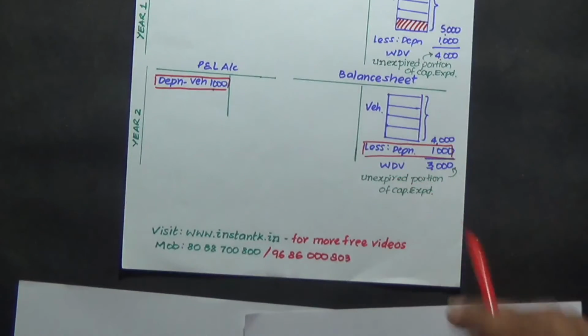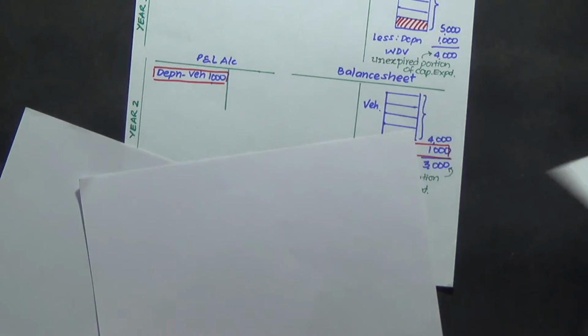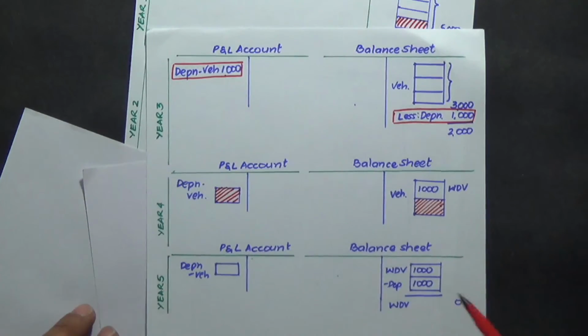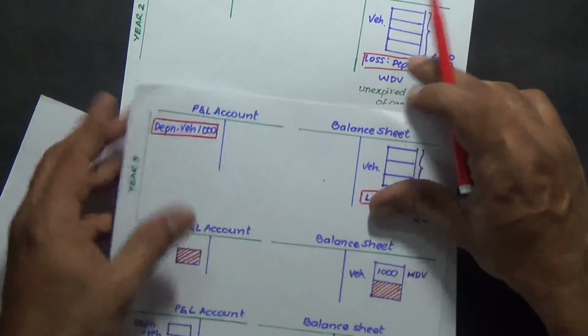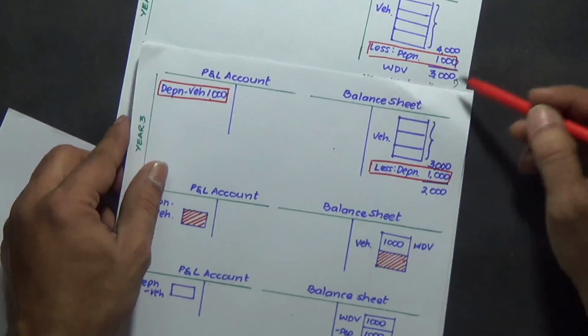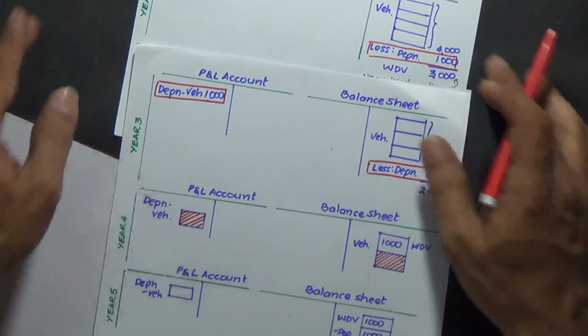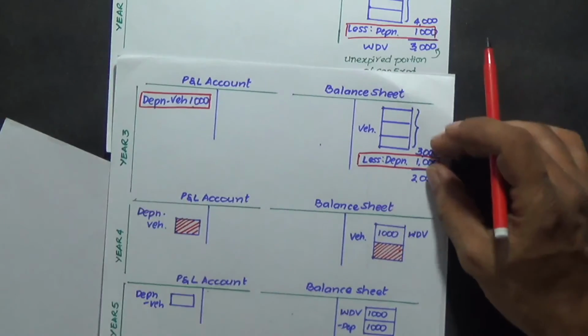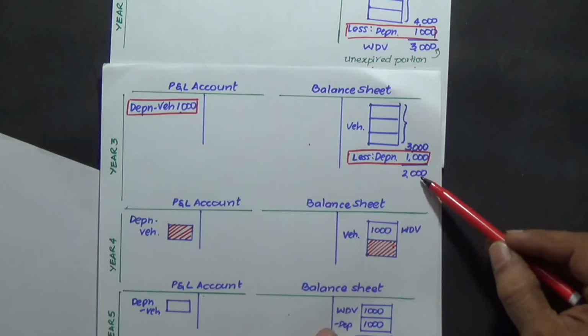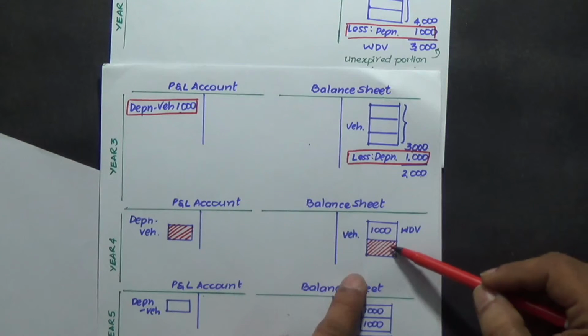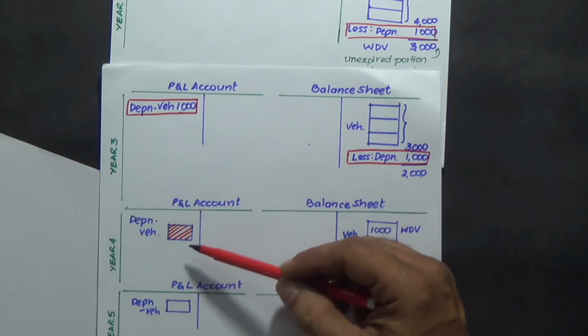Similarly, we keep doing this till we come to the third year. WDV becomes 3,000, comes here. Then this 3,000, we are going to pull out 1,000 and put it here. So we have 2,000 left. This 2,000, we have got 2 pieces. This 1,000 we are going to pull out and put it here in the 4th year.